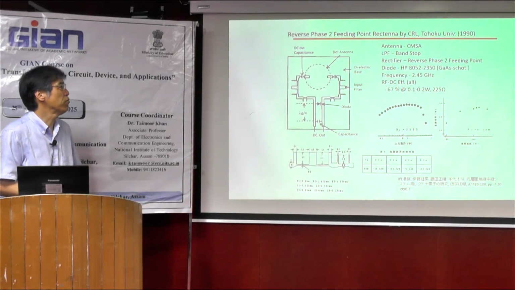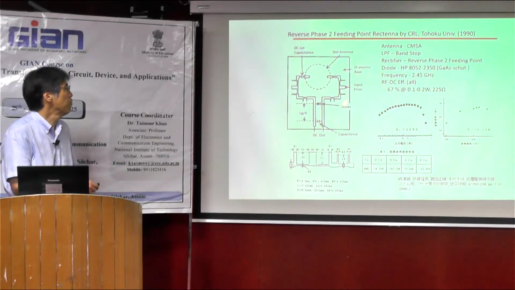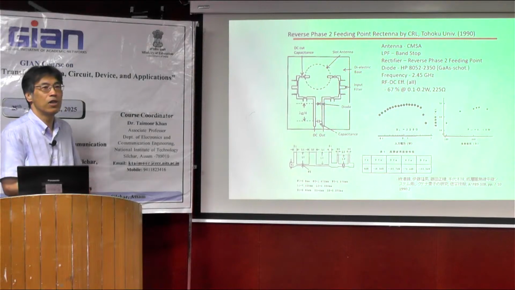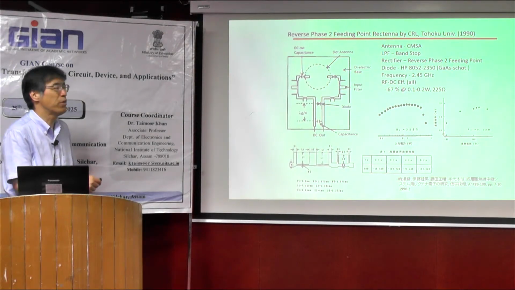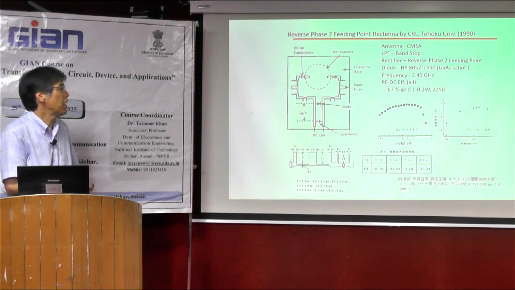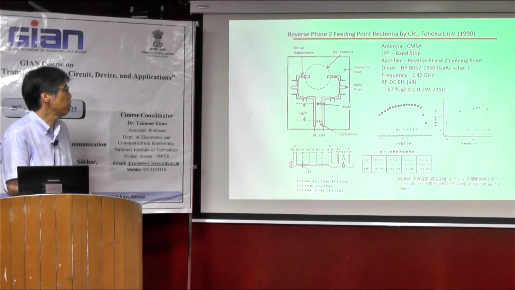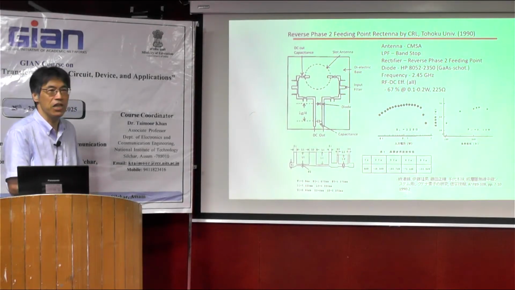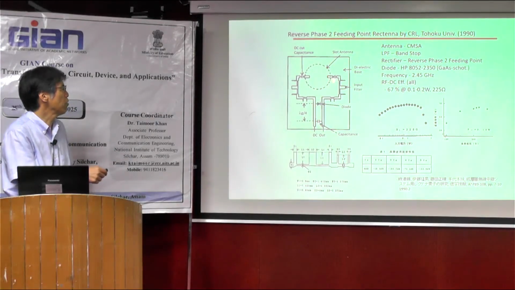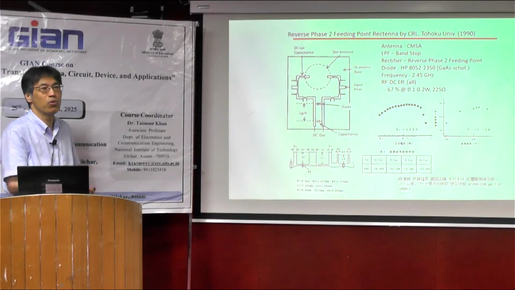The differential rectenna, we named it. So here we put a diode. And here you can see a microstrip antenna or slotted antenna. And usually the output port of the antenna is only one. But in this case, a very old Japanese professor, in 1990, created two output ports here.